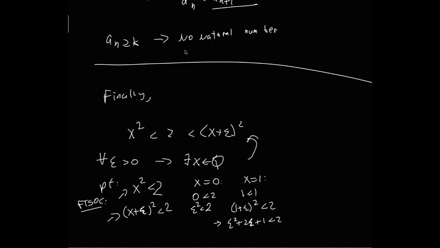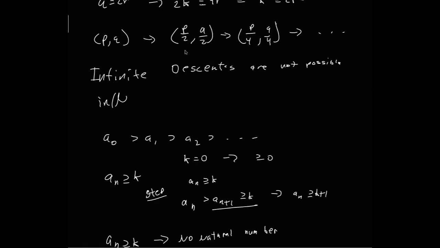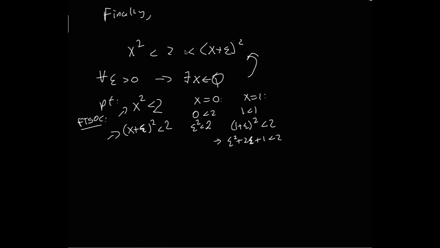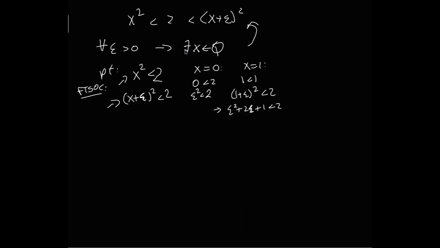Right? Okay, but we know that epsilon squared is less than 2. So therefore, what we can show is that, wait, this should be 1 equals 2. What we can show is that because we know that epsilon squared is less than 2, then epsilon squared.